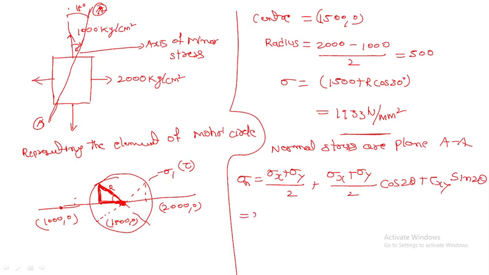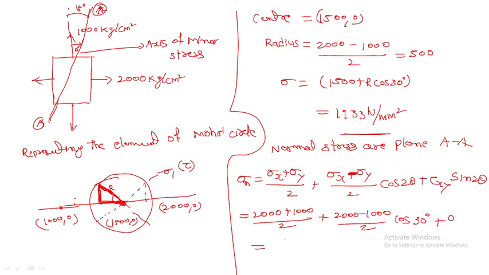Now we have to put in all the values and we will get the answer: 2000 plus 1000 divided by 2, plus 2000 minus, okay, one minute, this one is a negative value, 2000 minus divided by 2 cos 30 degrees plus 0.